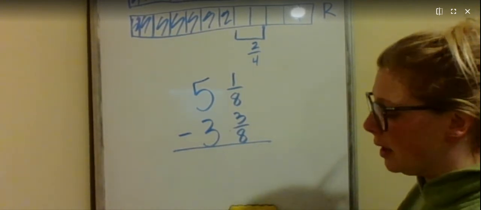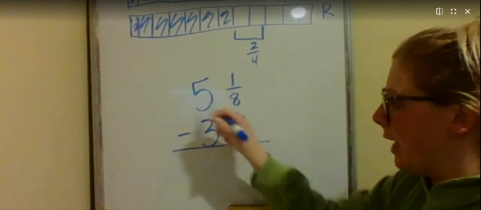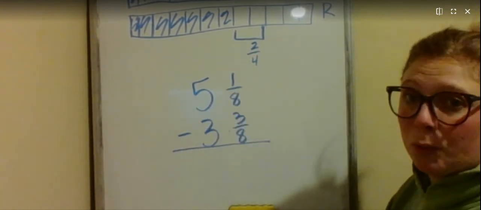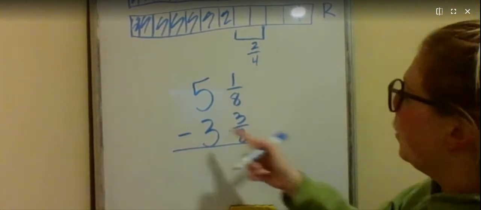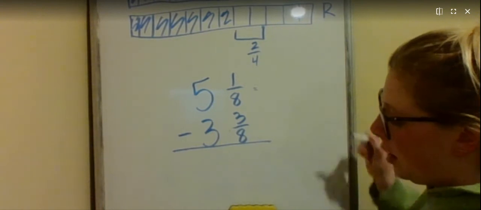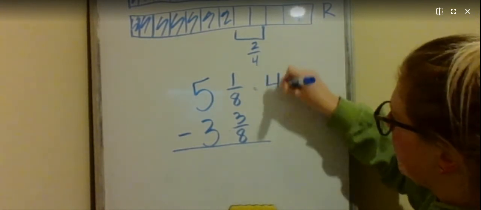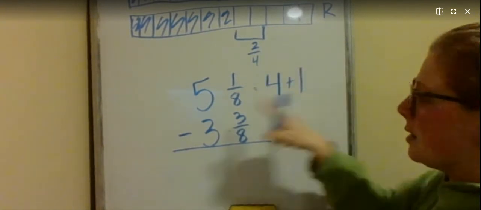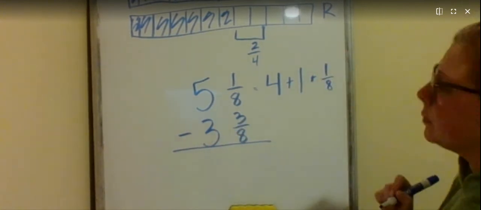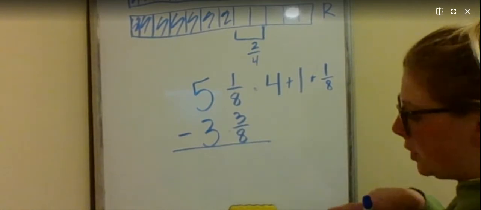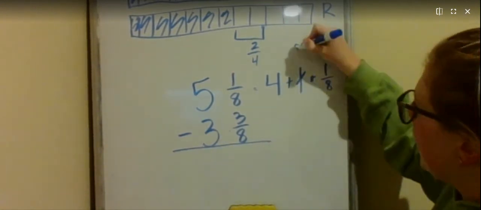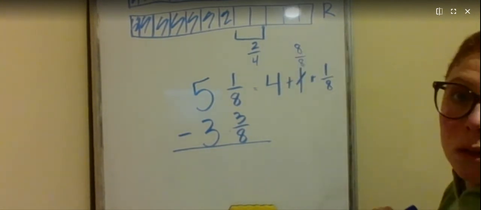So the same thing here is we're going to have to rename 5 1/8 as a mixed number with a fraction greater than 1. So we could change 5 1/8 to 4 plus 1, because that's the 5, and then plus 1/8. And then I would just change my 1 whole into 8/8, right?